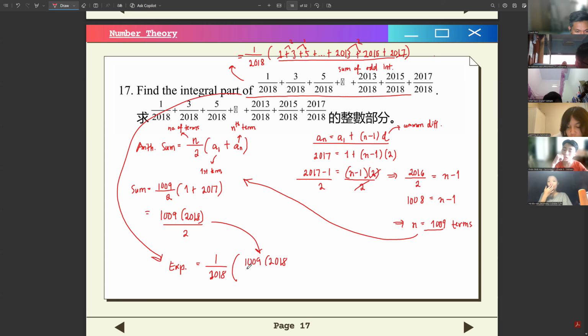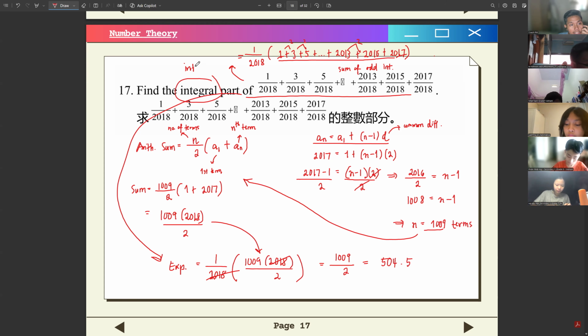Sorry, this should be 2018 also. Over 2. The reason I didn't evaluate this is because we can cancel out. So our answer is 1009 over 2, which is equal to 504.5. The question is to find the integral part, meaning the integer part. So our answer is just 504.